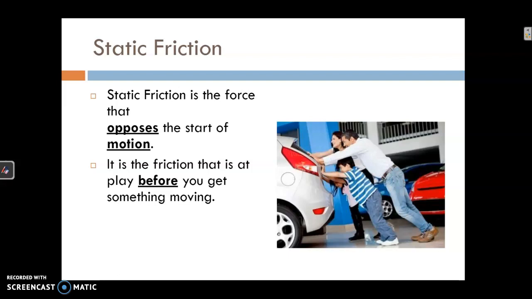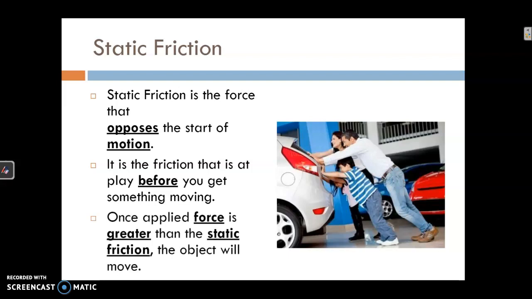This car is originally at rest, so we need to apply a force greater than the force acting against us in order to change its motion, because it's all about creating that unbalanced force in order to have something accelerate or change its motion. So once the applied force is greater than the static friction opposing it, the object will move.